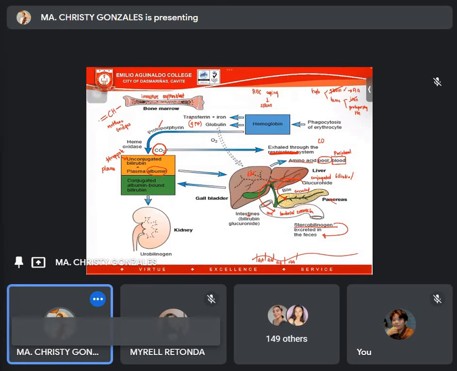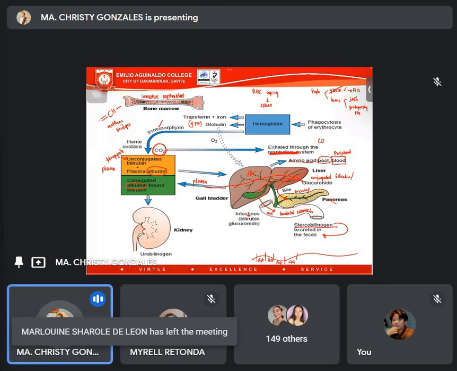Okay, next. Another fate of this glucuronide or conjugated bilirubin, it will go to the plasma. So when it goes to the plasma, you have another albumin because it's in the plasma. Albumin is one of the major proteins in the plasma. What will happen?